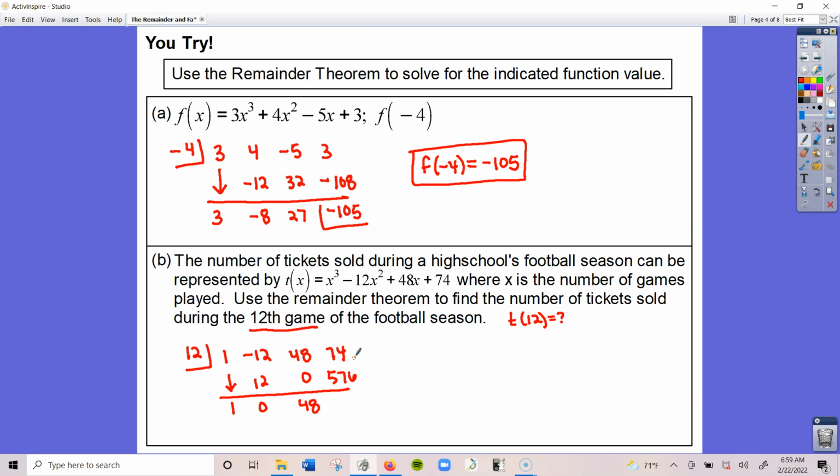And 576 plus 74 is 650. So this means that 650 tickets were sold during the 12th game.